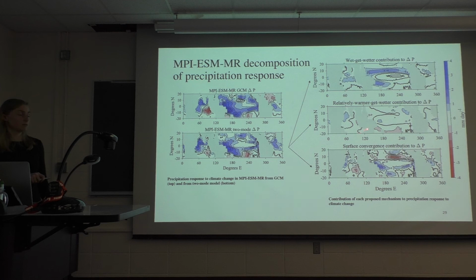Warmer get wetter is, again, even smaller in this case, so not negligible, but just not as big as we would have thought given how important it is in the literature. And this surface convergence contribution looks pretty different from the one on the previous slide, but it continues to contribute both positive and negative anomalies and just generally be very important for the precipitation response.